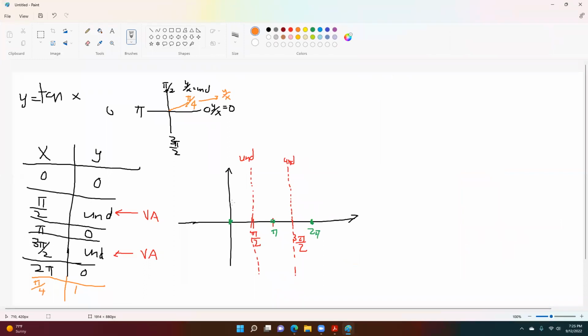So you notice that pi over 4 is between pi over 2 and 0, and that will give us 1. And if you go to the other side, 5 pi over 4, does anyone know what tangent 5 pi over 4 is?